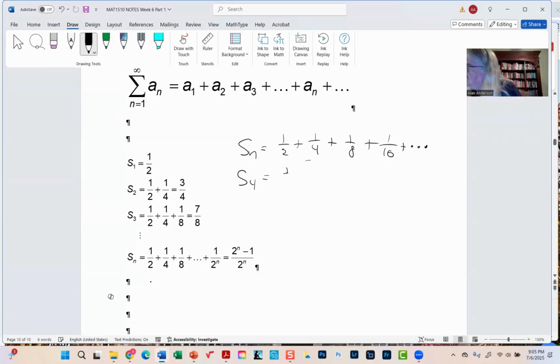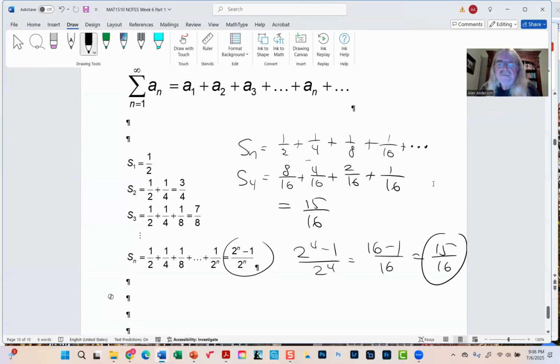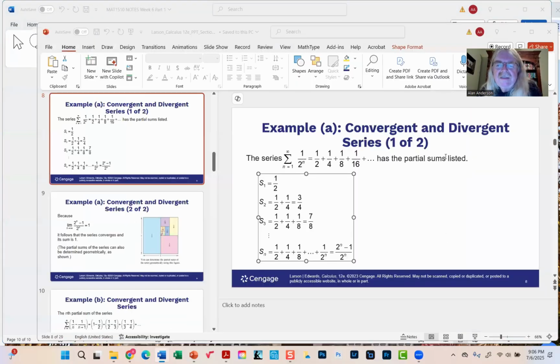That would be these four. That's going to be 15 over 16. Now, if I apply this formula, there you go. Okay, so we know that works.